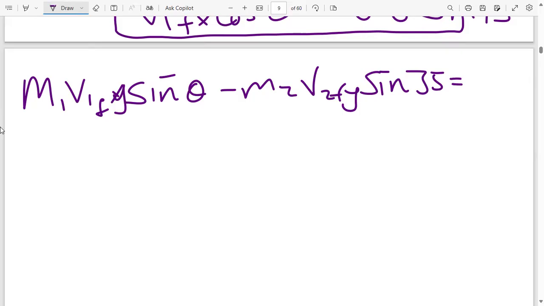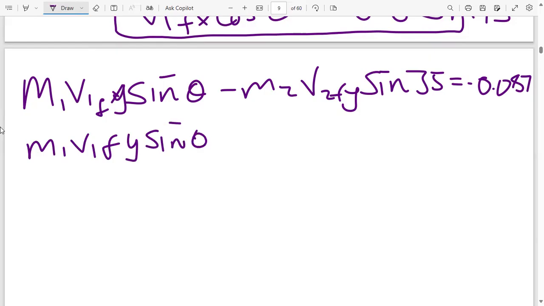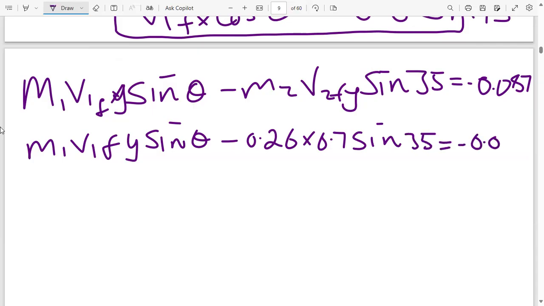And what did we find as initial momentum in the y? We found it negative 0.087. So we have m1 v1 final in the y sine theta minus the value m2, which is 0.26, multiplied by 0.7 sine 35. This will be equal to negative 0.087, which was the initial momentum.